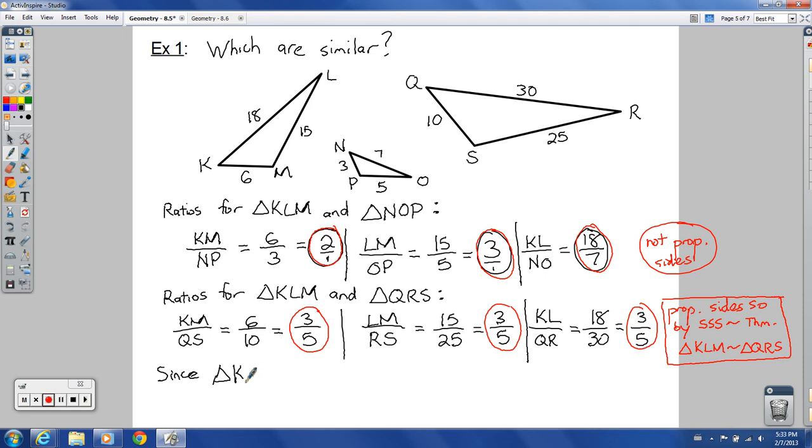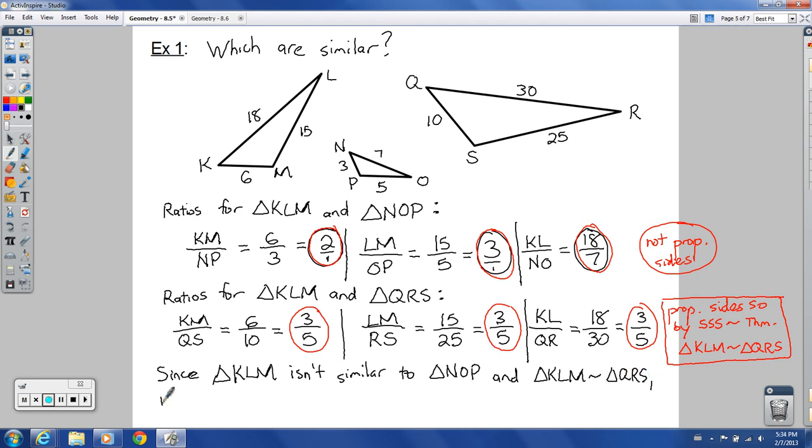Since triangle KLM, this is what I was saying in a relatively concise way, isn't similar to triangle NOP, and triangle KLM is similar to, which we can put like that, is similar to triangle QRS.